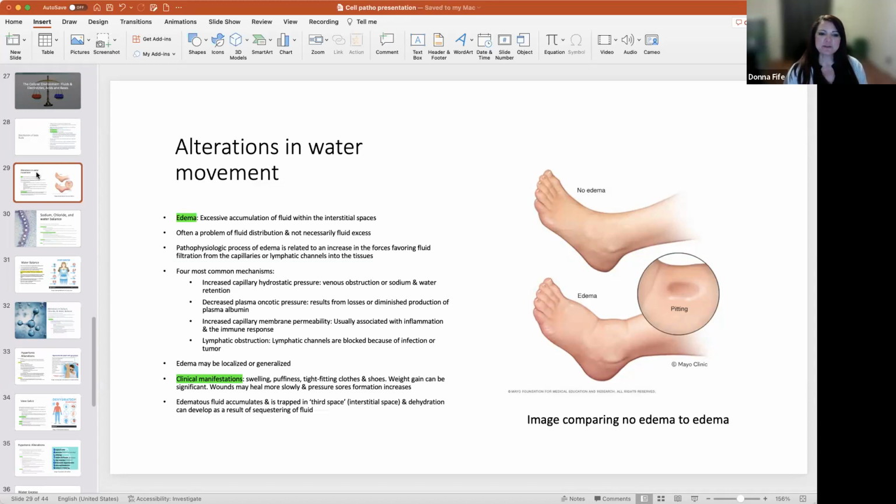Pathophysiological process of edema is related to an increase in the forces favoring fluid filtration from the capillaries or lymphatic channels into the tissues.